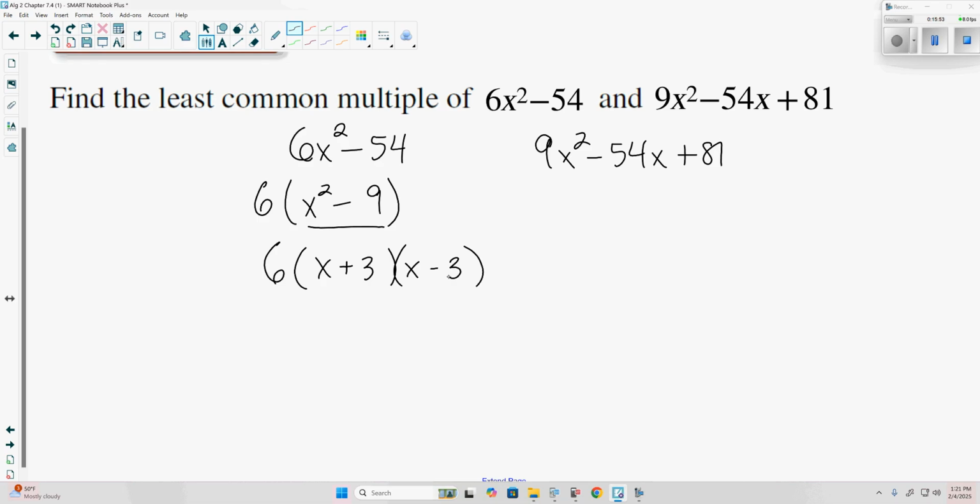9x squared minus 54x plus 81 has the greatest common factor of, well, 9. And if we factor the 9 out of 9x squared, we have x squared. Minus 9 out of 54x is 6x, and 9 factored out of 81 is 9.